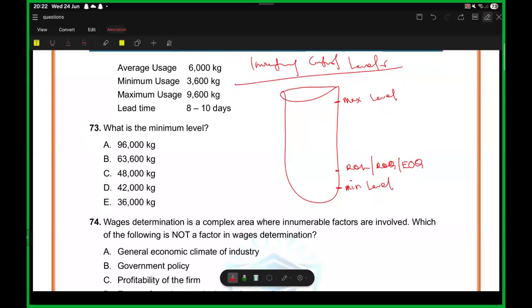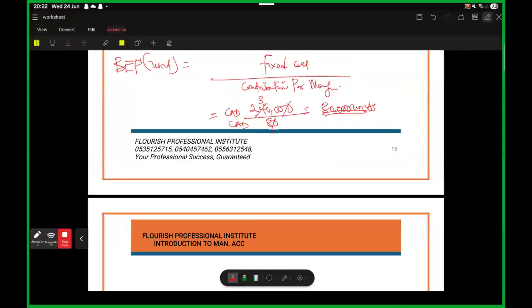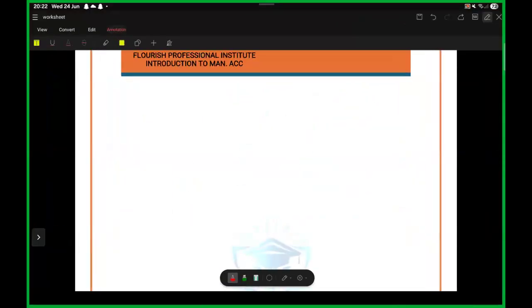Inventory level control. We are told to calculate the... before we do the calculation, let me take a little time to explain some of the formulas.